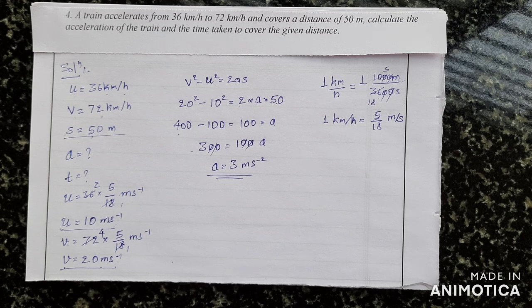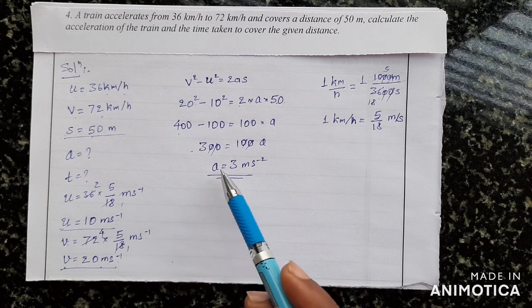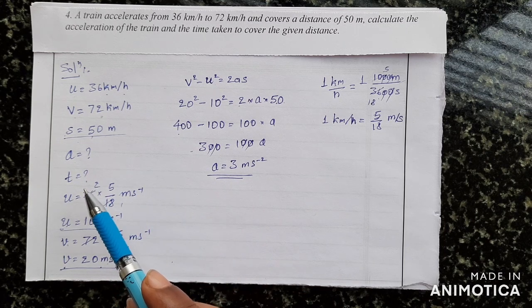And this is not the only factor asked to calculate. We are also asked to calculate the time taken. So now let us take a formula which will give me time. Think of the formula which will connect the factors here with time. We have S, U, V, A. We need T. There are two formulas actually.